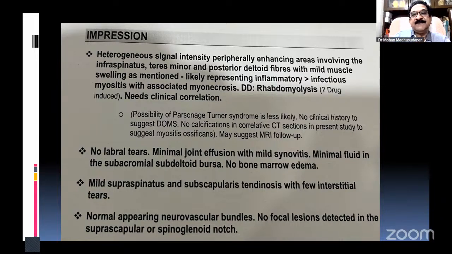Heterogeneous signal intensity, peripherally enhancing areas involving infraspinatus, teres minor, posterior deltoid fibers, likely representing inflammatory more than infectious myositis associated with myonecrosis. Parsonage-Turner syndrome is less likely. More likely to be some toxic or drug-induced cause.